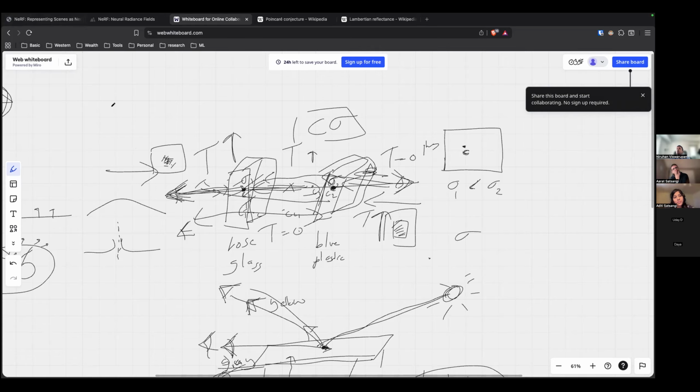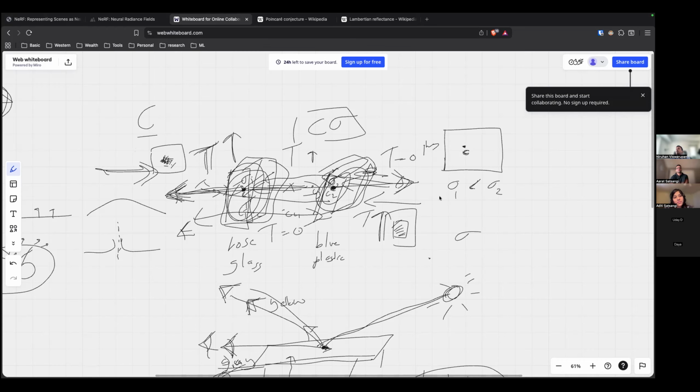So when you are looking at it from here, this transmittance makes sure that you integrate some amount of light that is emanating from this region and some amount of light that is emanating from this region. Transmittance makes sure that you add both to get the final capital C color at the image plane.